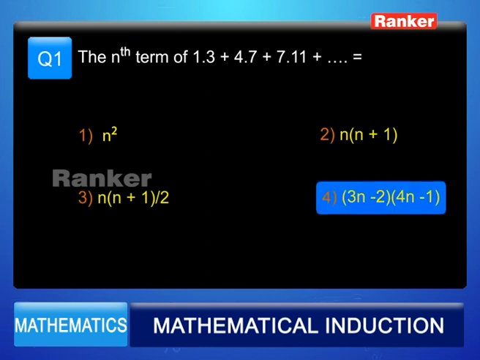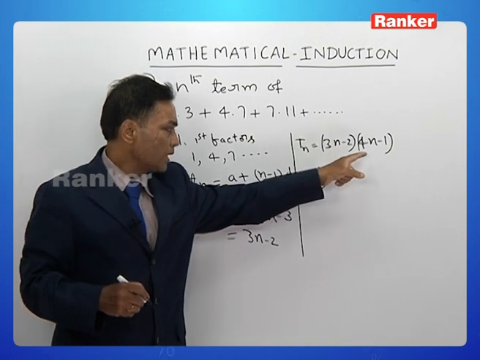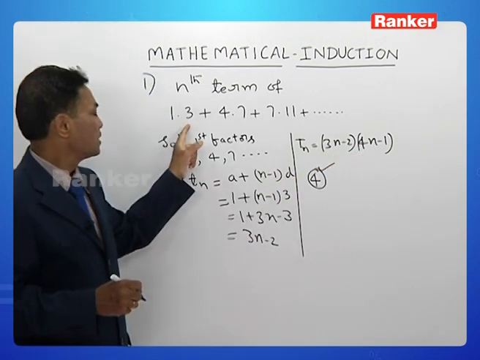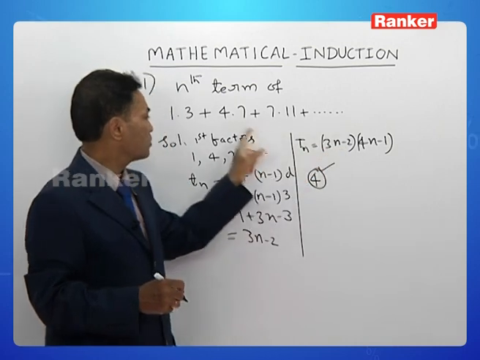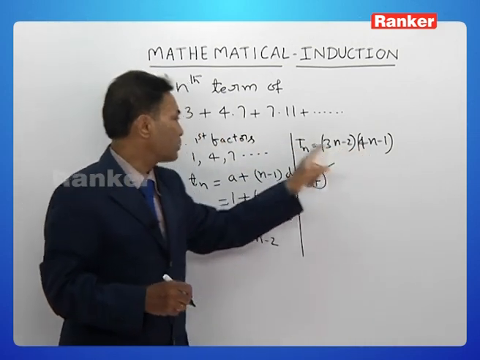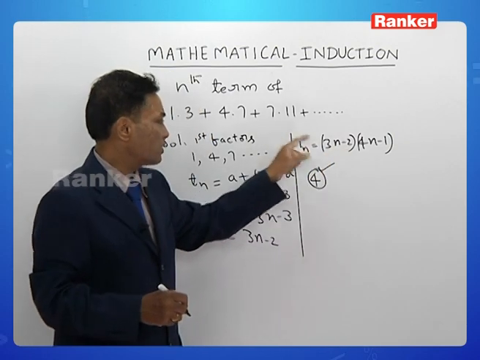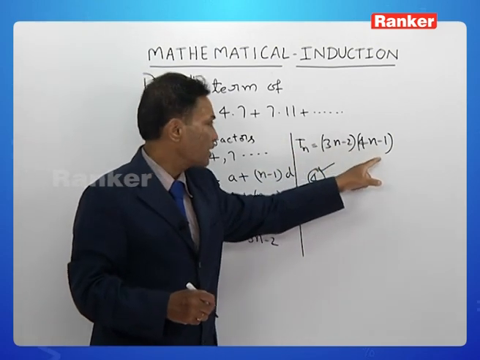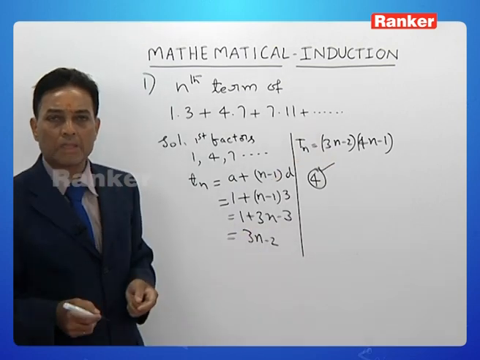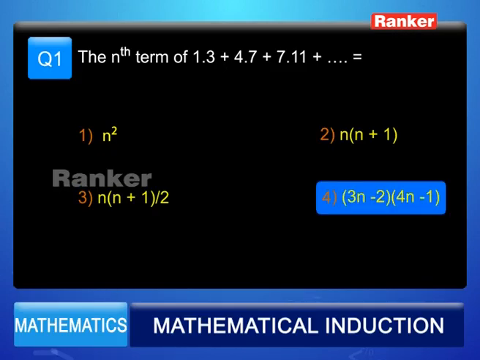And it is very clear, you can verify once again. Put n is equal to 1, so this is 1 and this is 3. Put n is equal to 2: 6 minus 2 is 4, 8 minus 1 is 7. Put n is equal to 3: 3 threes are 9, 9 minus 2 is 7, 4 threes are 12, 12 minus 1 is 11. So, automatically you can understand this is the nth term.